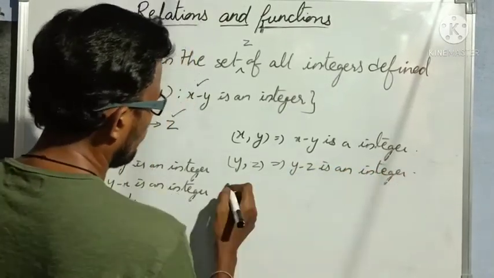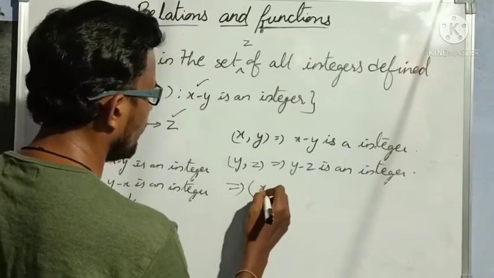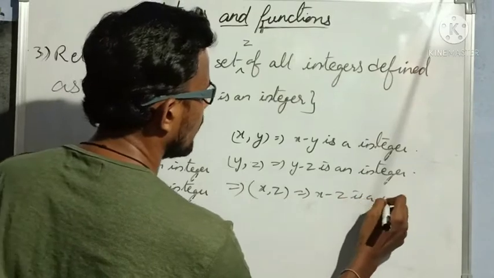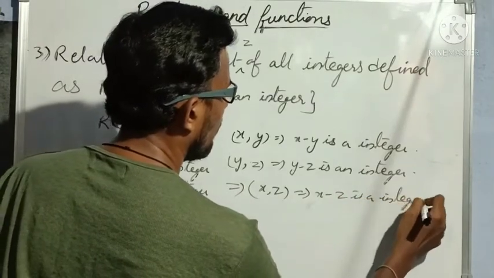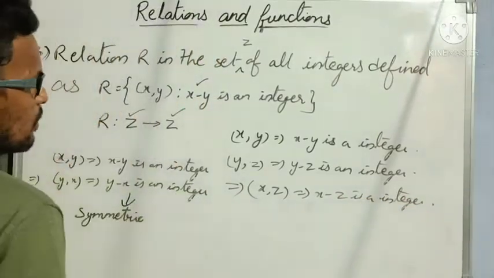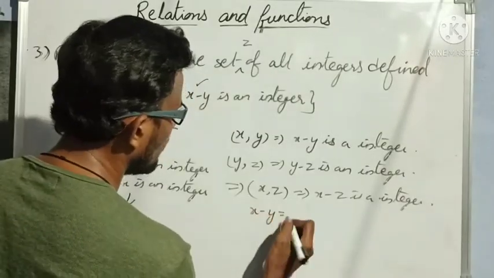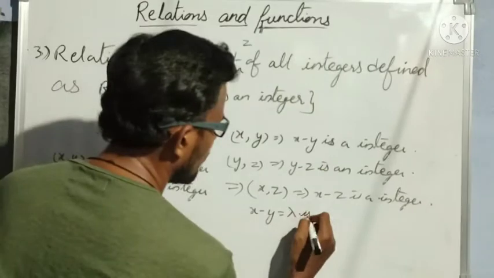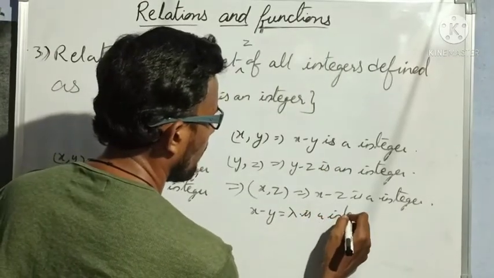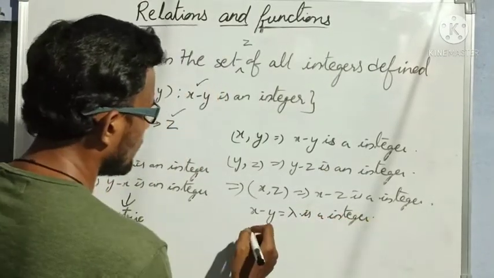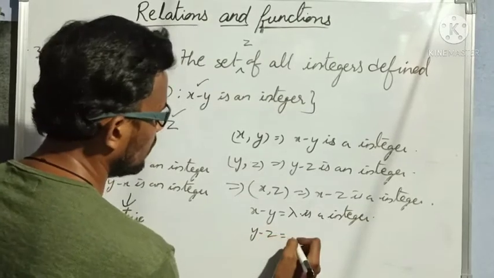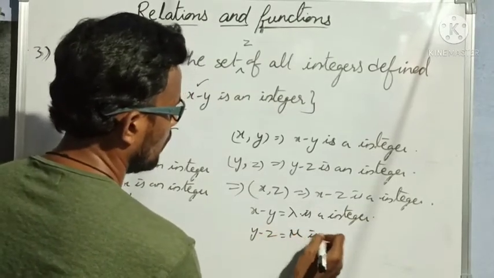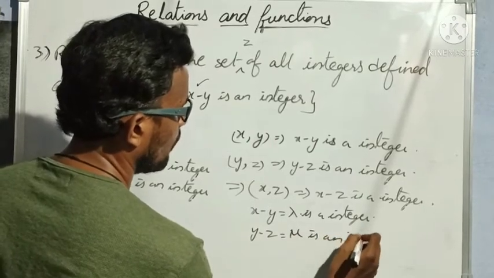Then there should be one element x comma z such that x minus z is an integer. So how to solve this? Suppose I am taking x minus y is equal to some lambda, an integer, and in the same way, y minus z is equal to some mu, an integer.